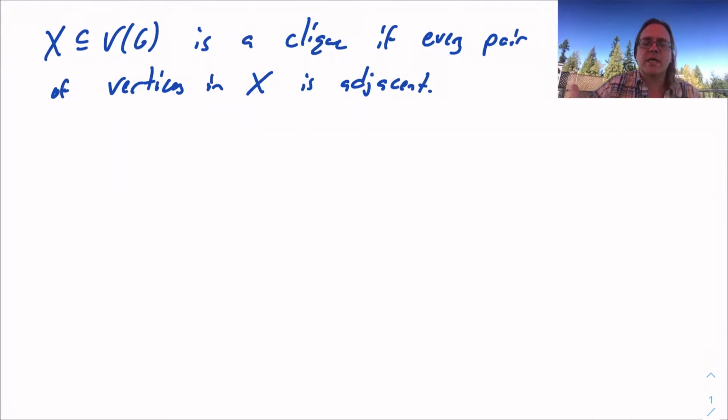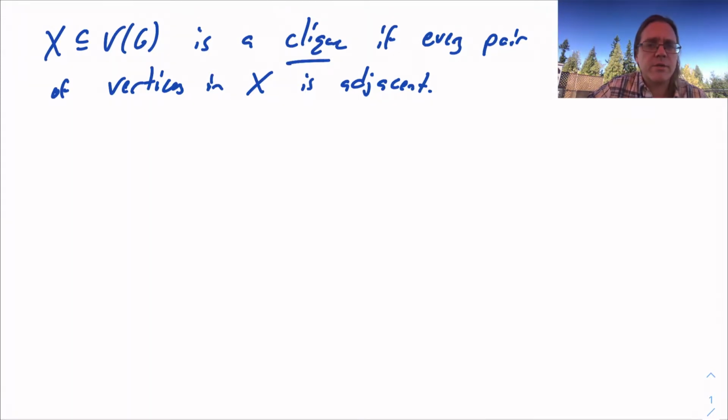So, in other words, a subset of vertices is a clique if and only if the graph induced on them is a complete graph. You're looking at a subset of vertices that forms a complete graph as a subgraph. Okay, so that's our notion of clique.